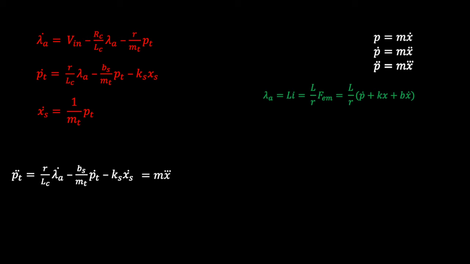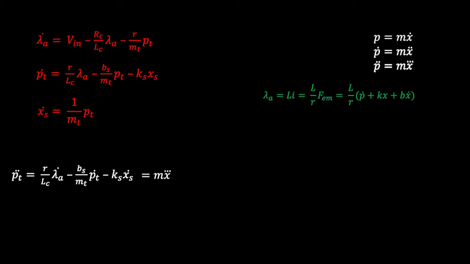Now with a few more substitutions, namely P dot into the lambda A equation in green, and then P into the lambda dot equation, lambda A substituted into lambda dot, and lastly lambda dot A substituted into the P double dot equation.